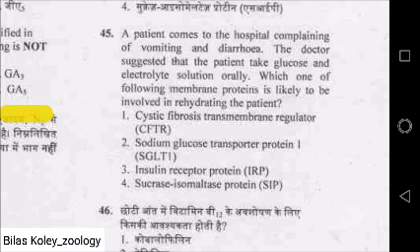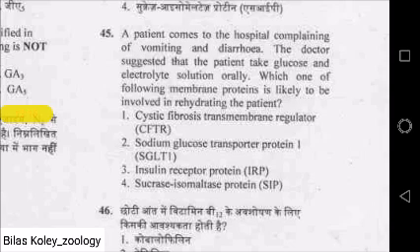Now we will discuss question number 45. A patient comes to the hospital complaining of vomiting and diarrhea. The doctor suggested that the patient take glucose and electrolyte solution orally. Which one of the following membrane proteins is likely to be involved in rehydrating the patient?